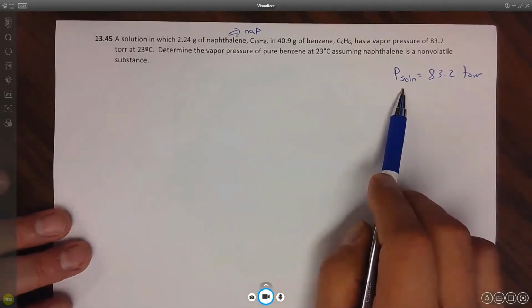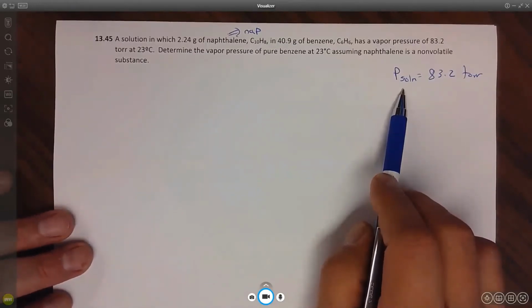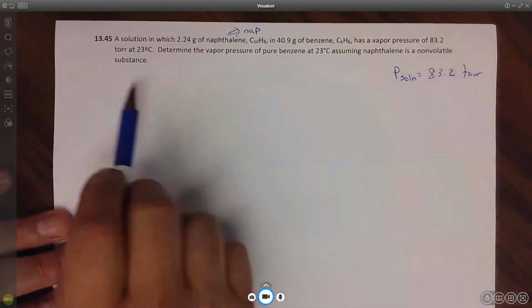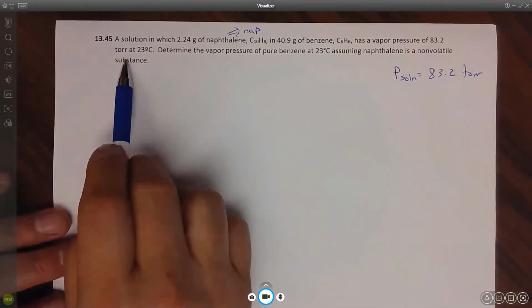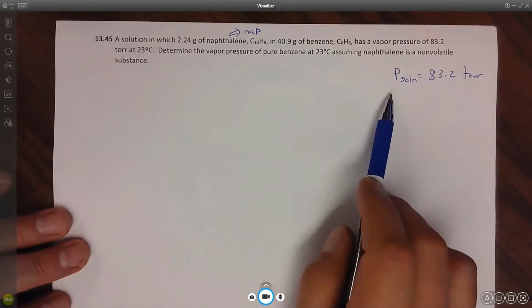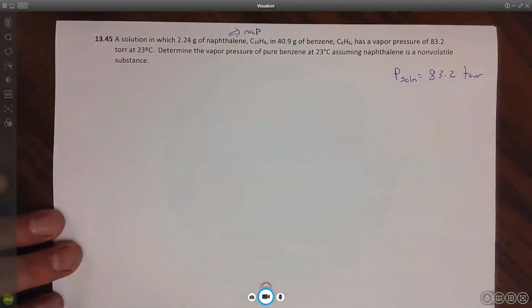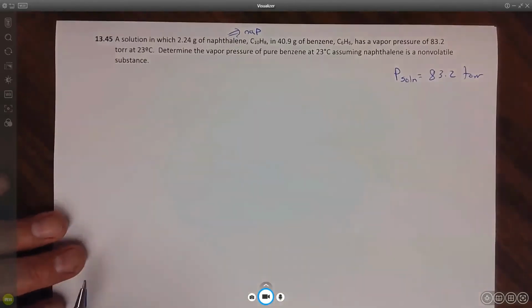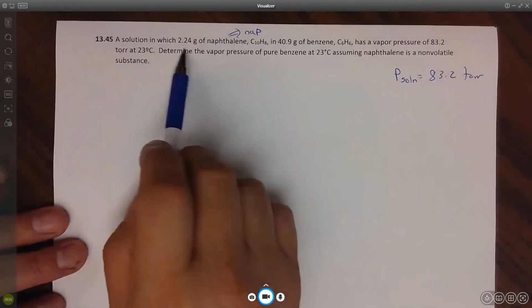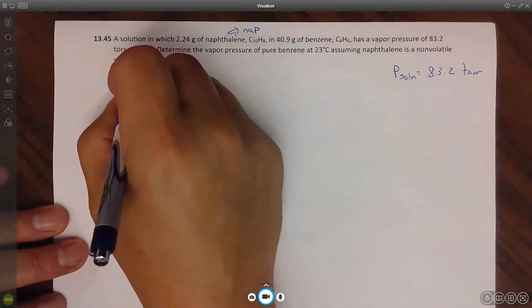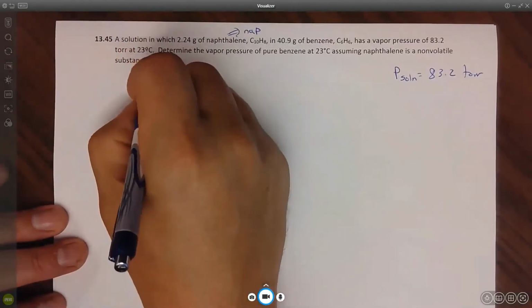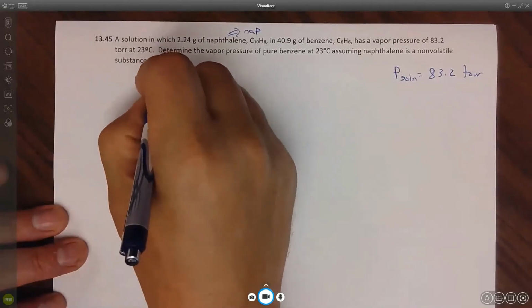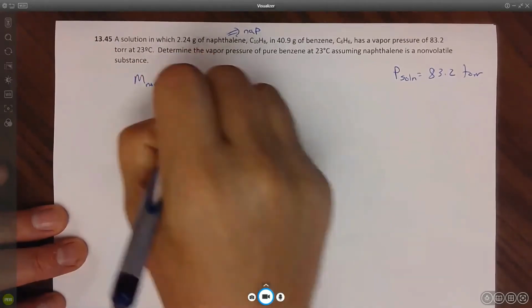Okay, so again, this is why I stress you need to know what your variables are, because those are in your equations. If you know the variables that are represented by what's being said in the sentence, you're going to be able to understand what equations you need to use. Okay, so again, we have the mass of the naphthalene equal to 2.24 grams.